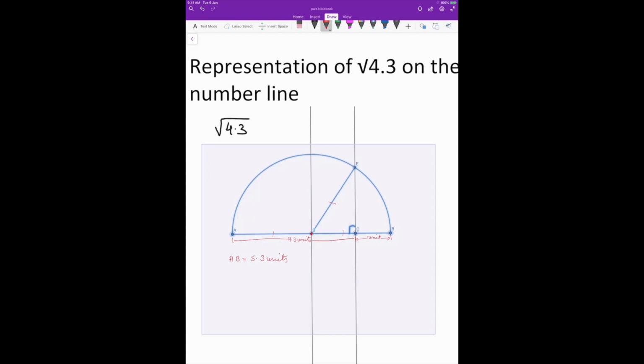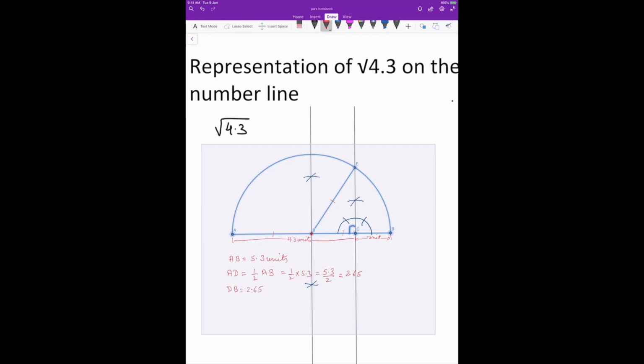All three of them are the radii of the semicircle. So what is AD equal to? AD will definitely be equal to half of AB. That means half of 5.3, which is 5.3 upon 2, that is 2.65. Similarly, DB will also be equal to 2.65.